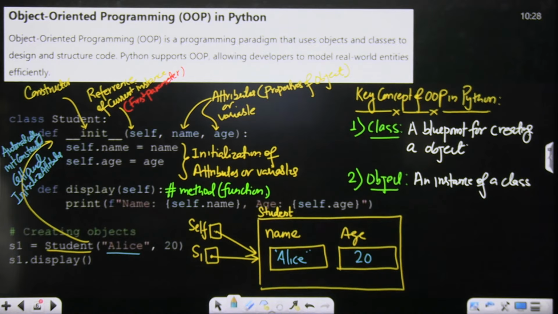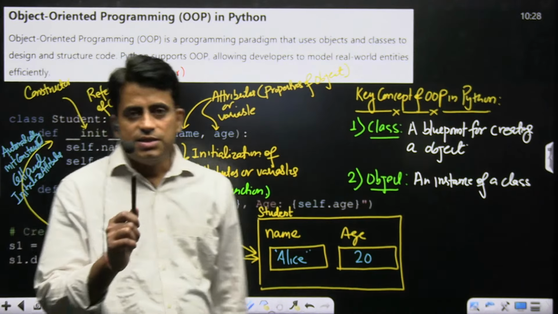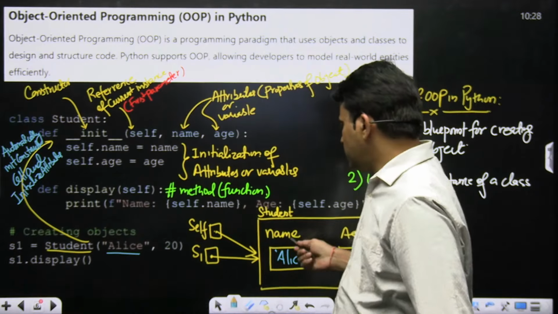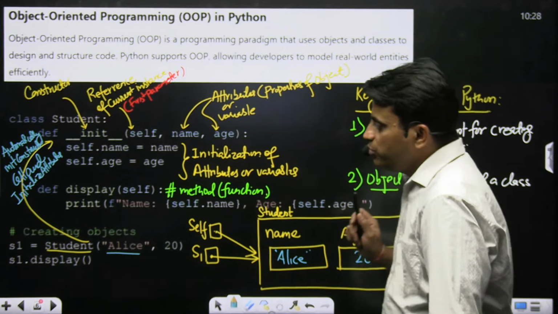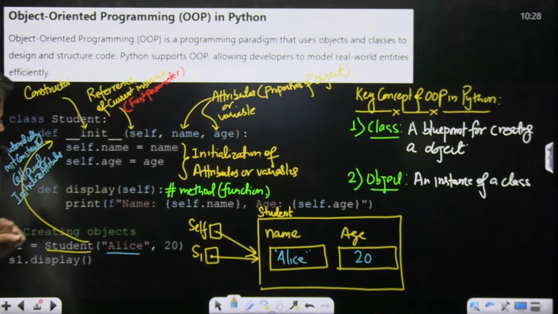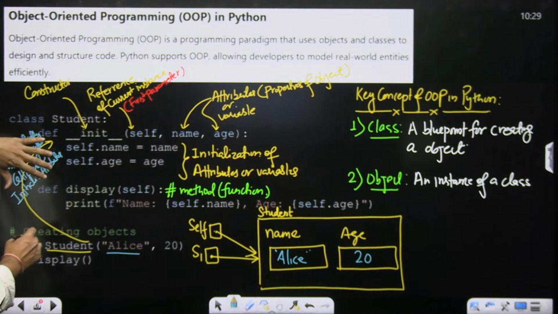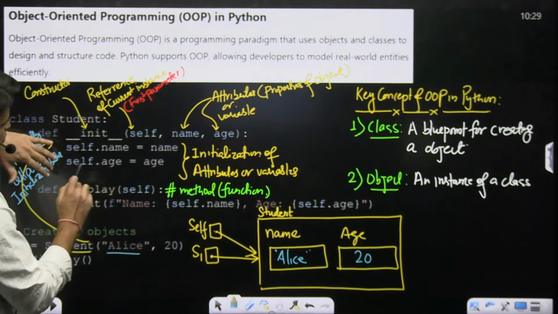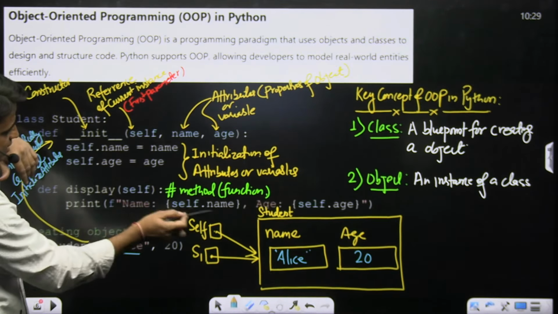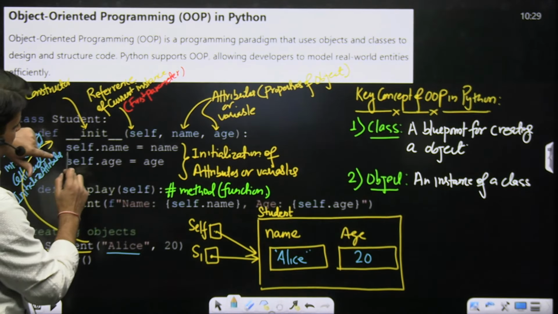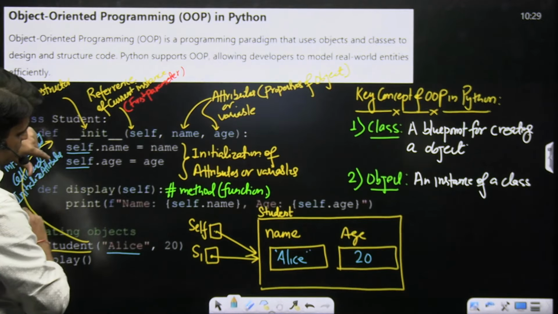One more concept, student. Inside the class, if you want to access an attribute, you have to use the self parameter, because self is pointing to the current instance.